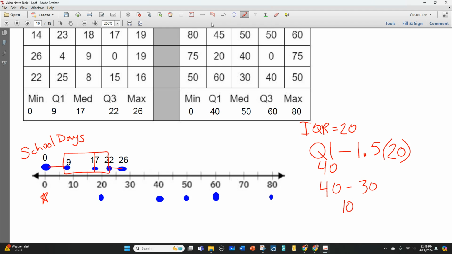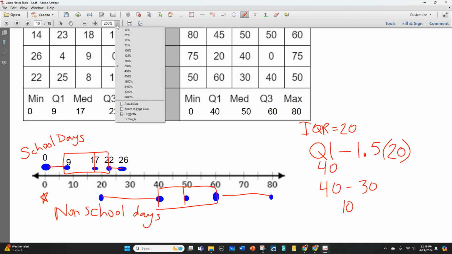Then I can make the rest of my box. There's the rest of my box plot. And don't forget to label non-school days. All right, and then the last piece here, let me take this back down to a better zoom.